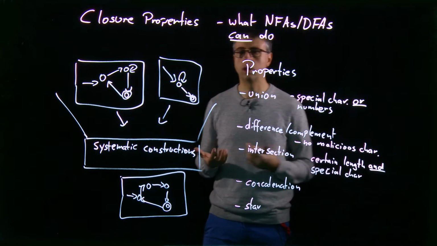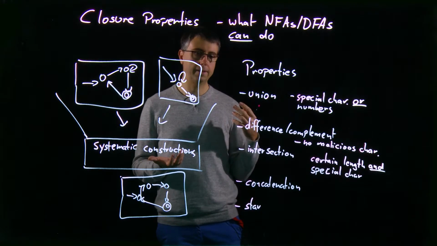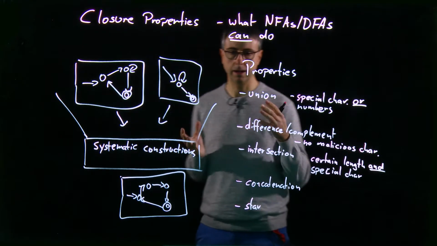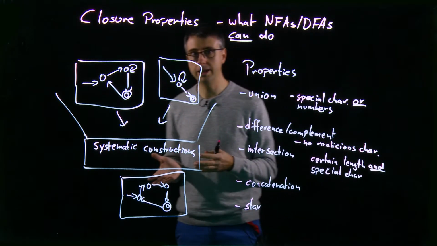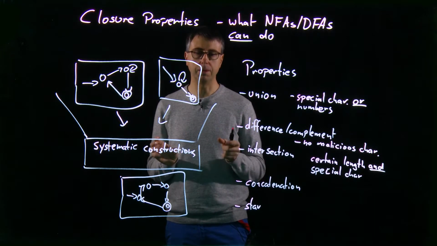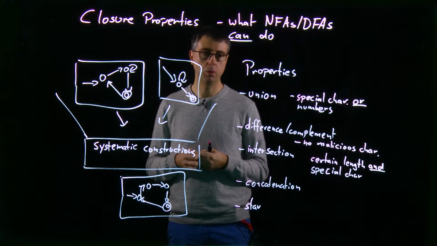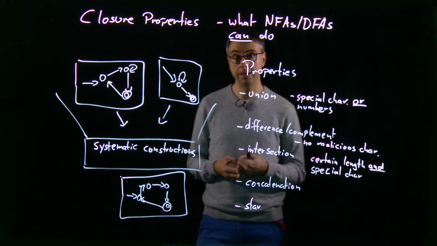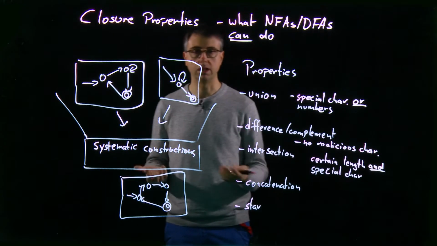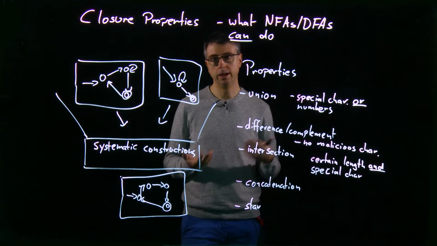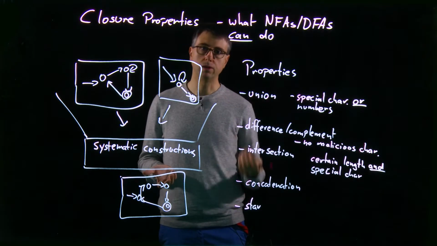Now, why is it called closure properties? The idea is that a set is closed under a property if you take two elements from this set, combine them with this operation, and the result is still in the set. Example you might all know is that the natural numbers are closed under addition.